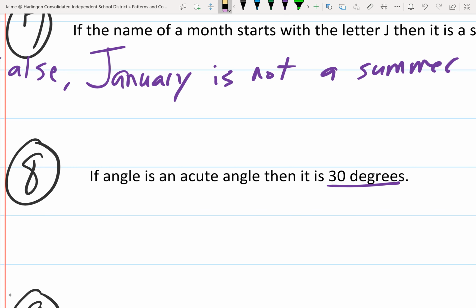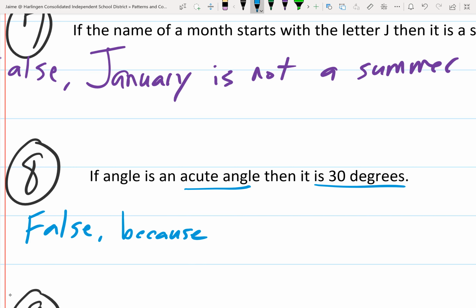Yes, that would be a true statement. But it's saying if an angle is an acute angle, then it has to be 30 degrees. Is that true? No. False, because 34 degrees is also acute. So just think about it like you're trying to argue with a statement. If you can find an example that says, no, that's wrong because I have another example, then it's false and you have a counterexample.